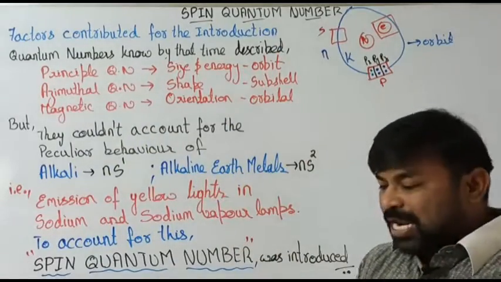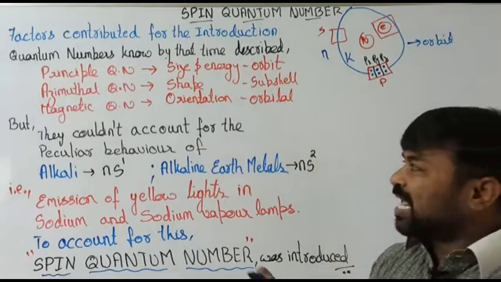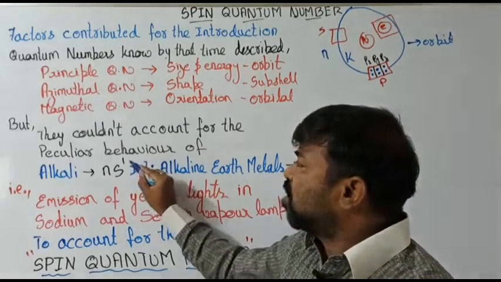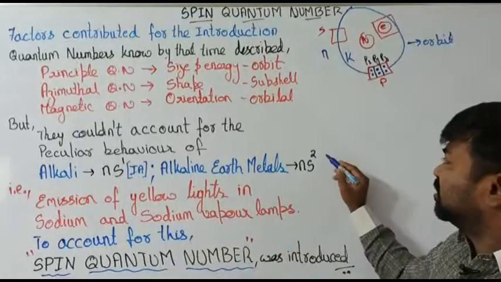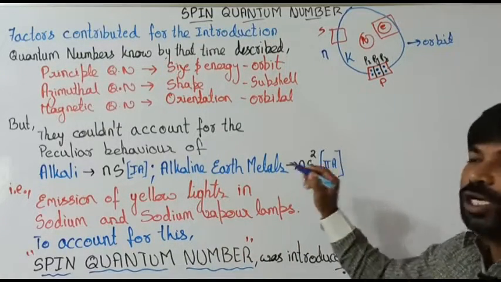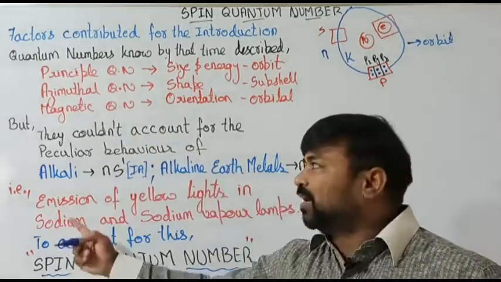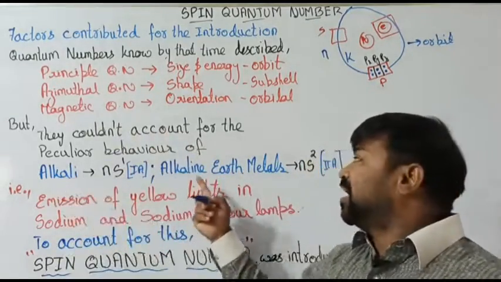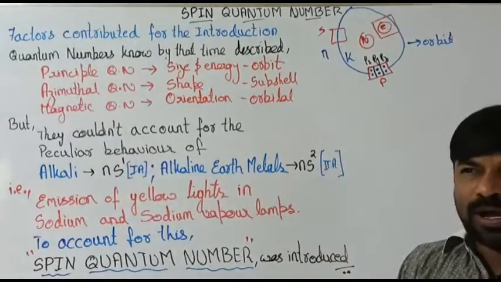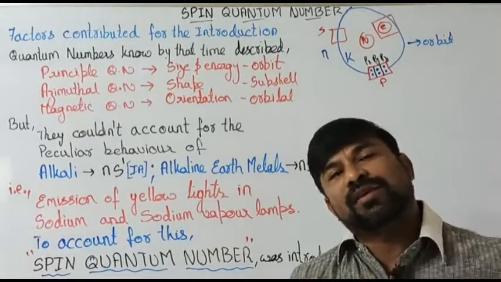These are the 1A group elements and the 2A group elements of the long form of the periodic table. This is the first group and this is the second group, and they have some peculiar behavior.